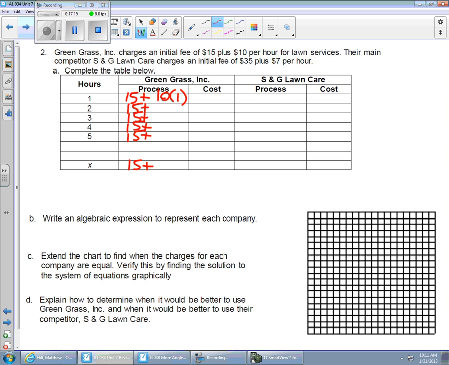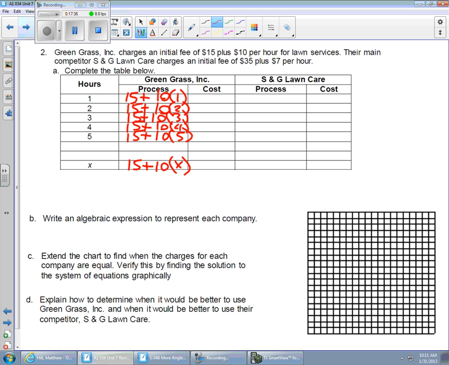In this first row's case, that's plus 10 times 1 hour. 10 times 2 hours, 10 times 3 hours, 10 times 4 hours, and we can do this all day long if we need to.